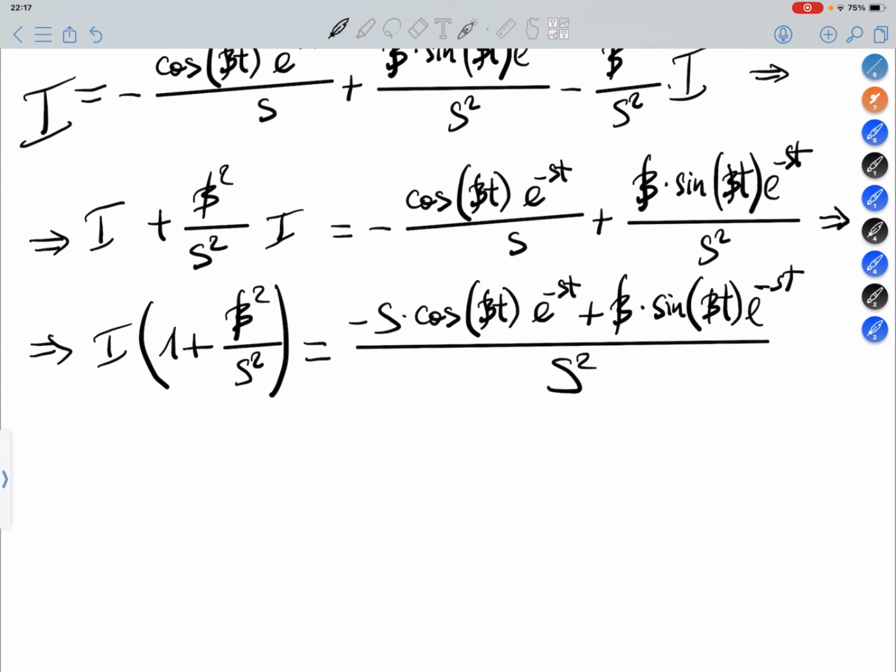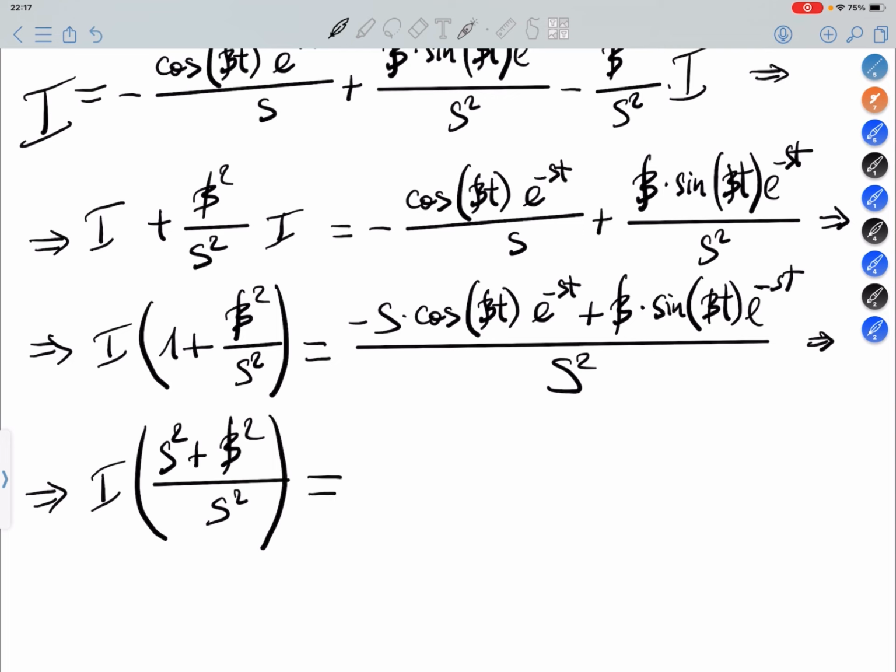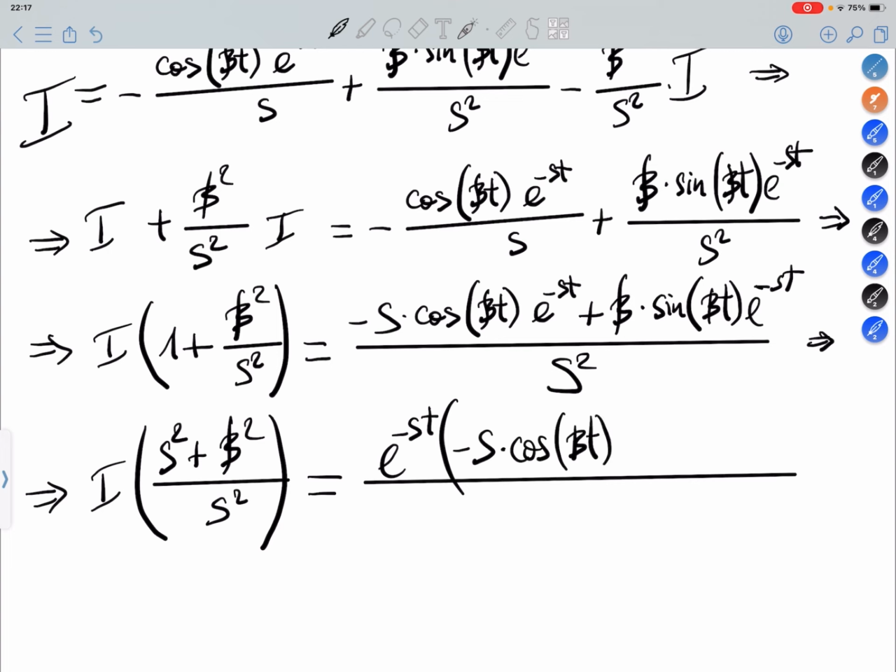Now to make s square the denominator, I times s square, on the numerator we have s square plus beta square, and that is equal to, here we're going to factorize the numerator, so e to the power minus st out of the bracket, and that would give me minus s times the cosine of beta t, and then plus beta times the sine of beta t. On the denominator we have s square, right?